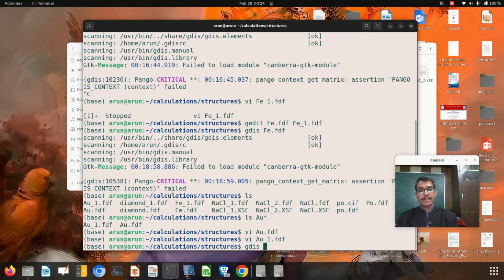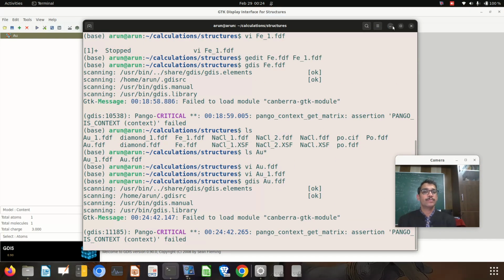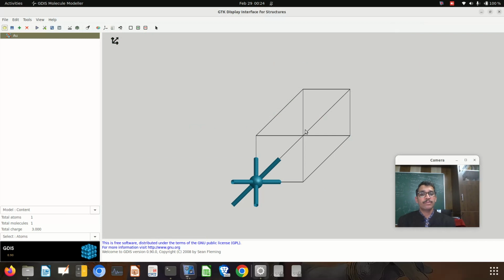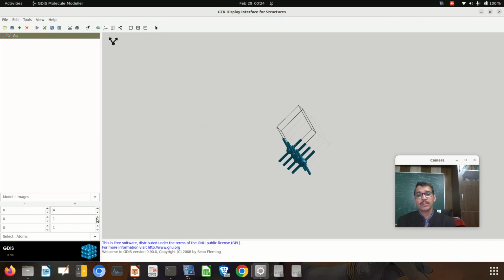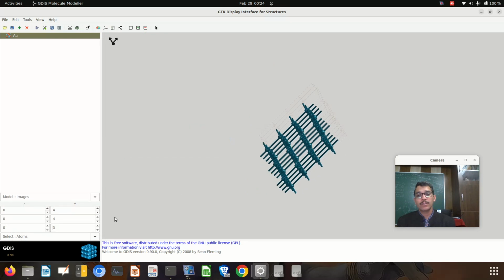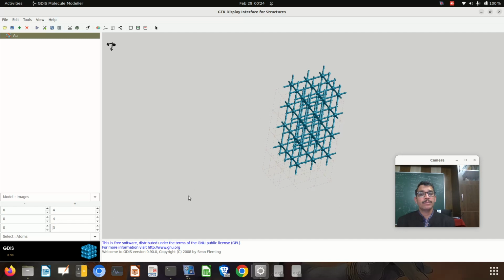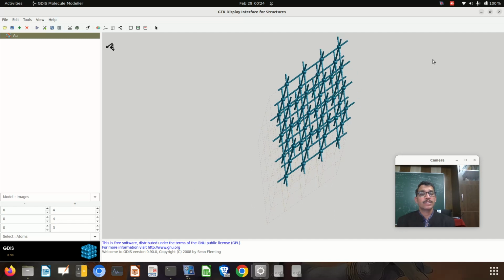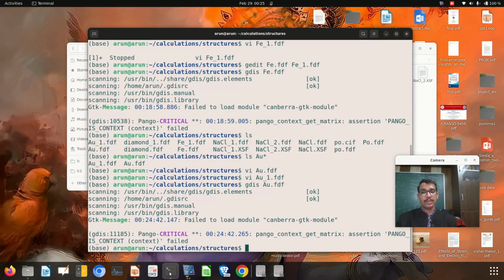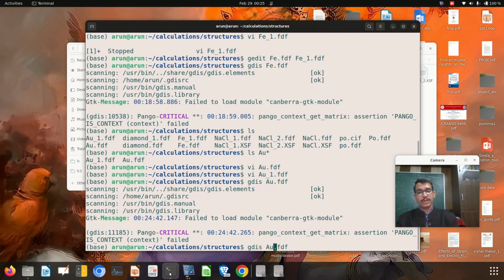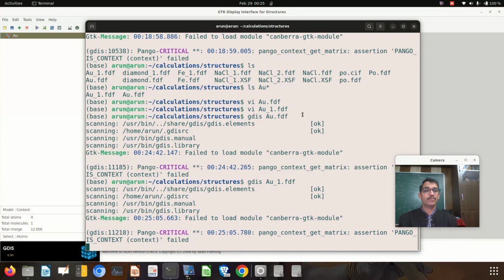So GDIS, yeah, first of all let us understand au.ftf. For au.ftf, this is in the primitive mode, and when I keep on repeating it, I will get the actual structure. It will also give me the similar structure as I can see from au_1, where I have taken 4 atoms per unit cell.